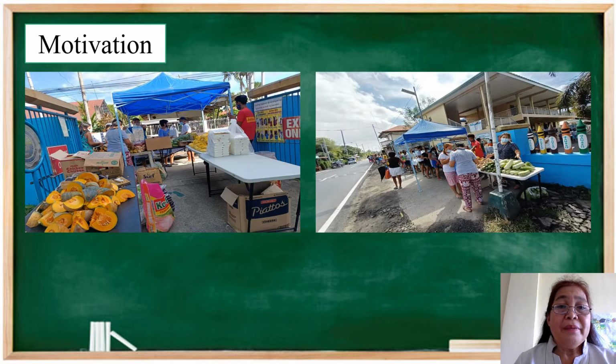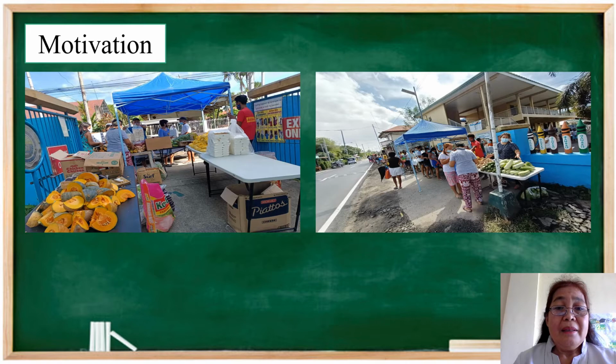Moving forward for our lesson, as you can see in the picture, there are lots of boxes under the table and on the table. Our lesson for today is about rectangular prism and its volume. What can you say about the picture? By the way, what is a community pantry? Look at the picture.